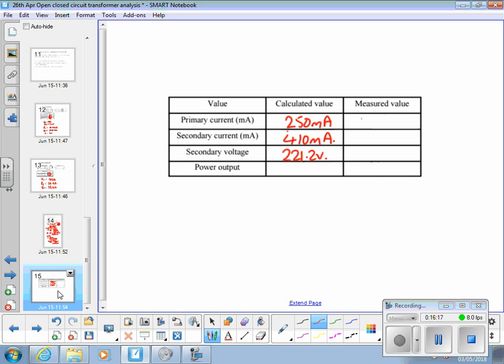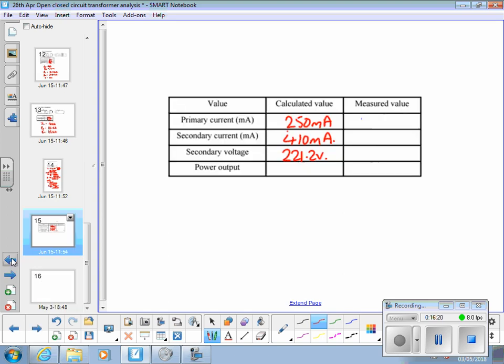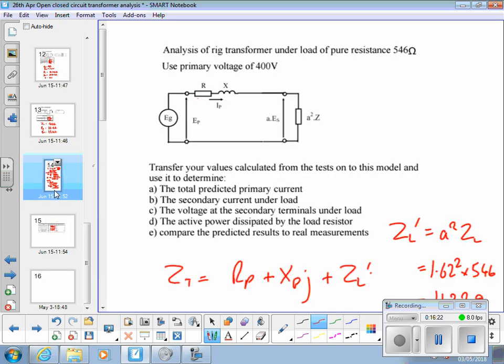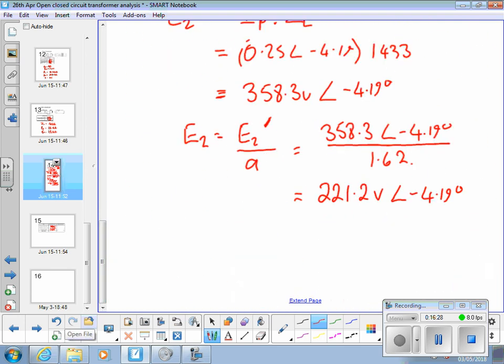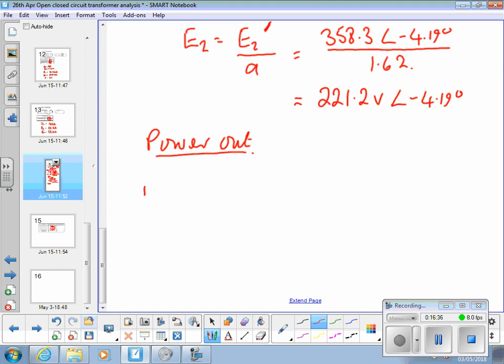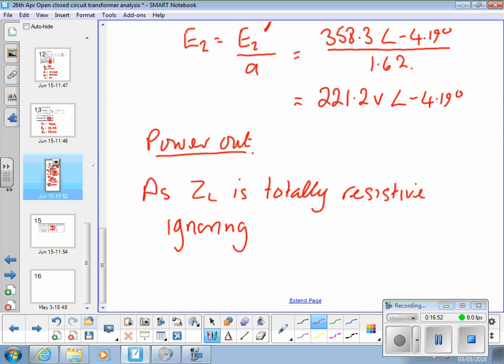Power output. So we can say power out, ignoring angles because they're in phase with each other anyway.